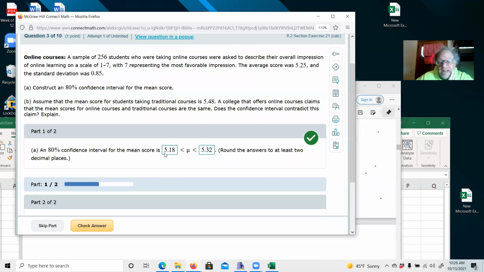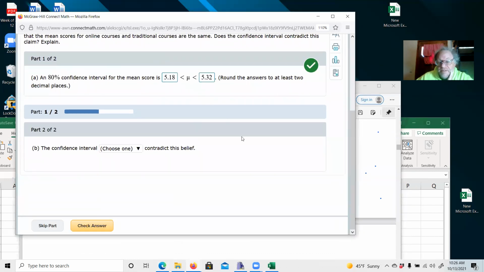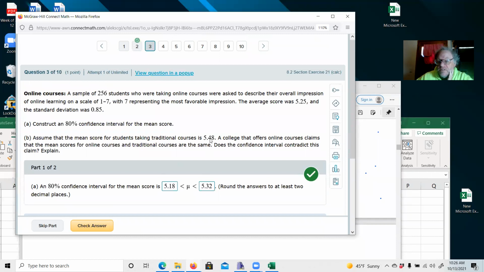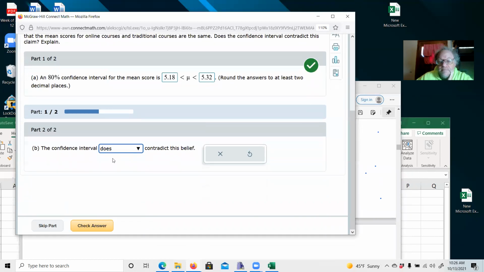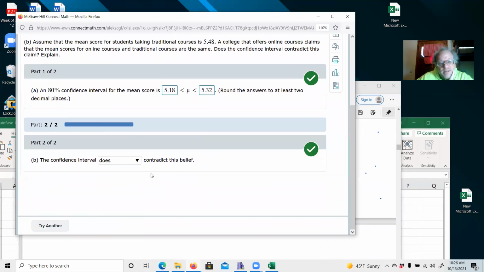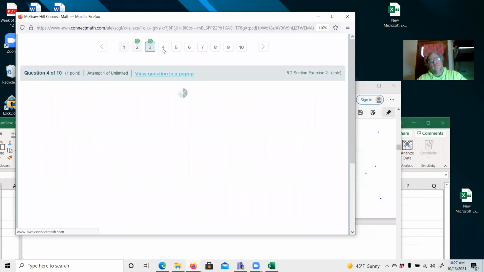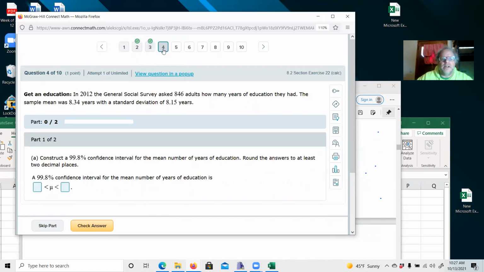But right now, with what we have, we can't say that's true, because our confidence interval does not include 5.48. So the confidence interval does contradict our belief. That's what we're using this for.